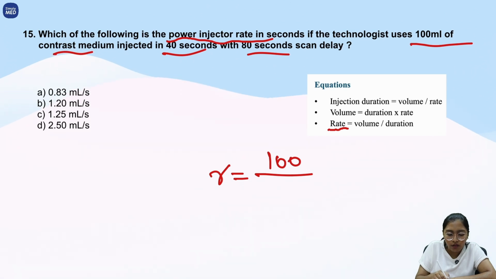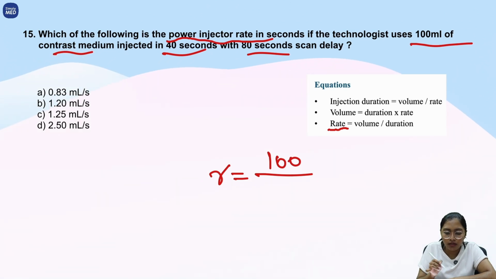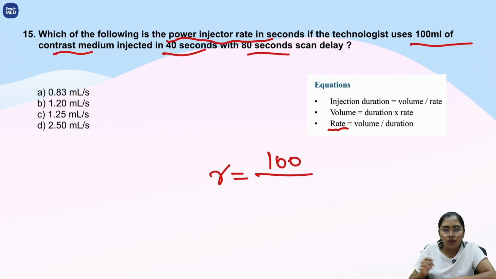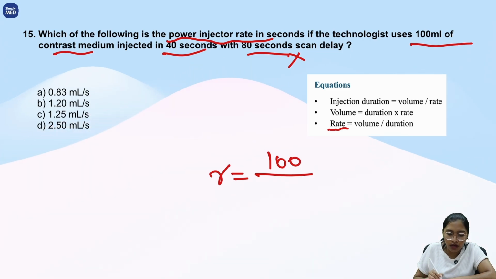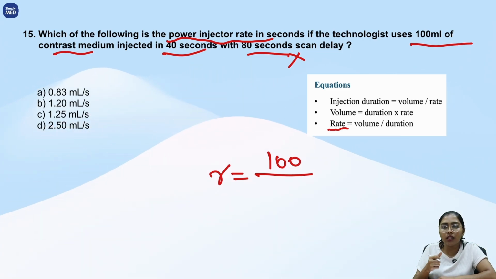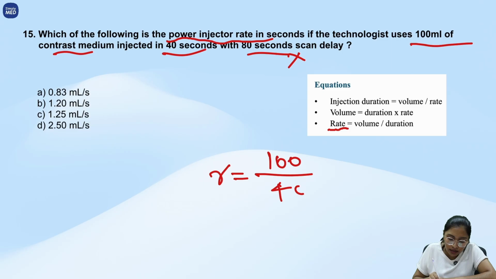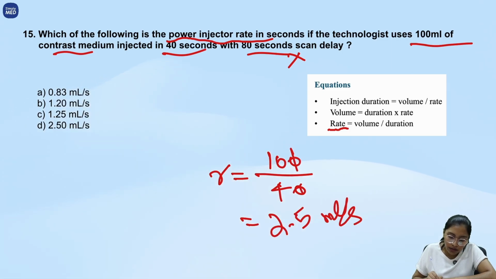Looking for time, we see there are two times, 40 seconds and 80 seconds scan delay. Do we need the scan delay time? No, it is just to make our answer wrong. We only have to consider the time taken to inject the contrast medium, which is 40 seconds. So 100 by 40 is 2.5 ml per second.